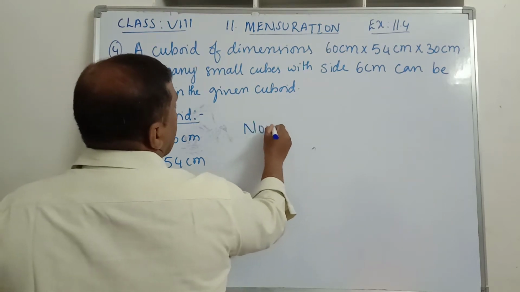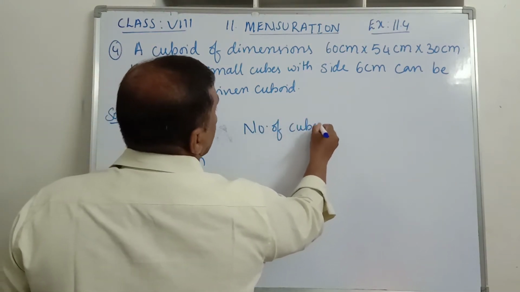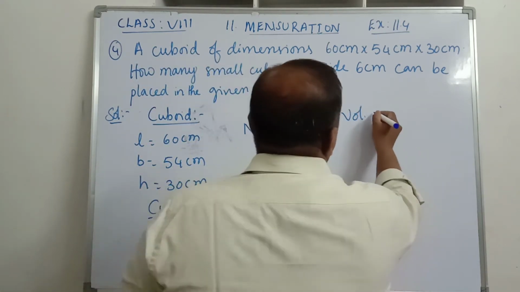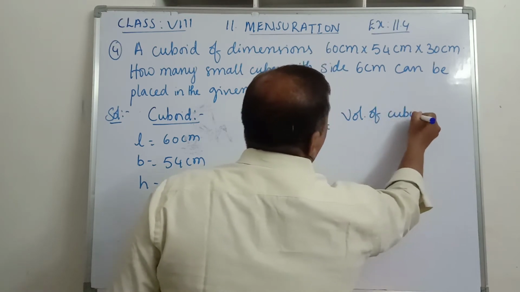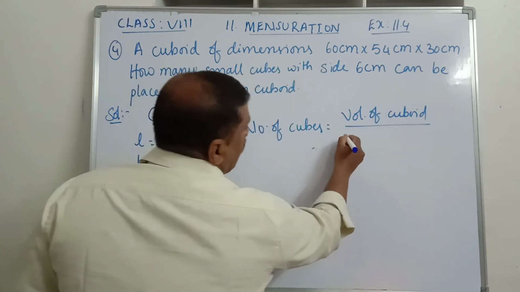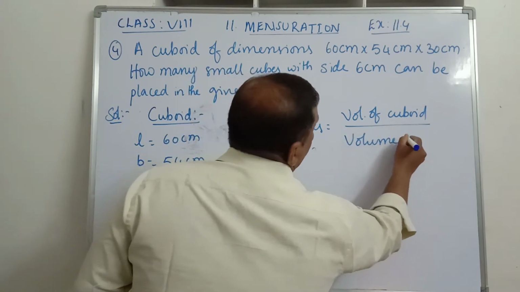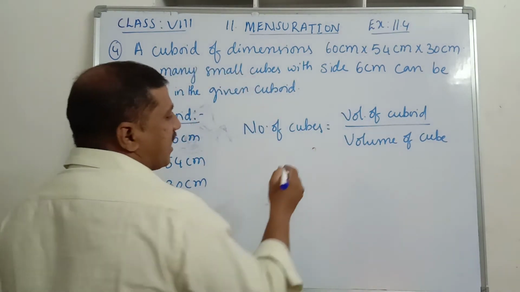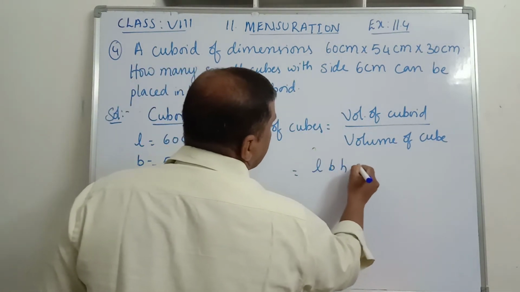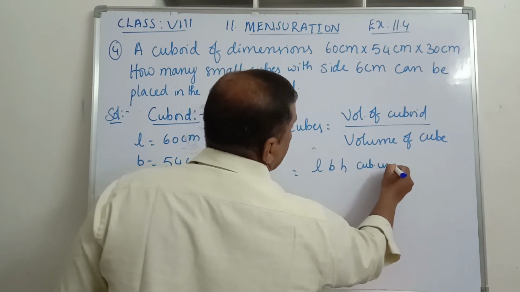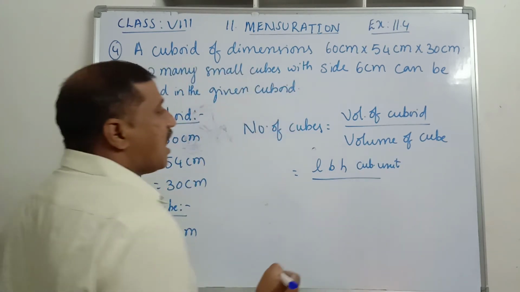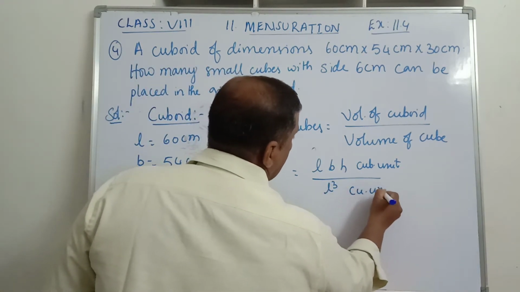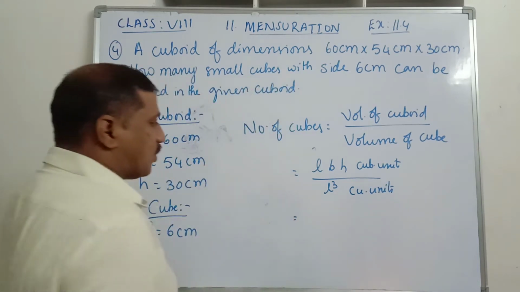Now, number of cubes required is equal to volume of cuboid divided by volume of the cube. So what is the formula to find volume of cuboid? It is length into breadth into height, cubic units. Whereas the volume of cube formula is L cube, cubic units.